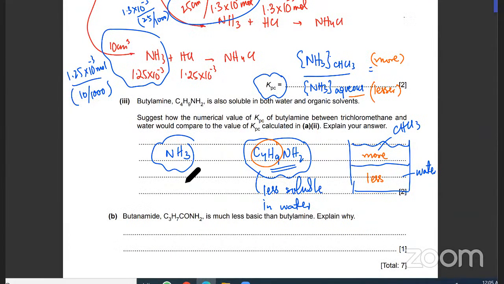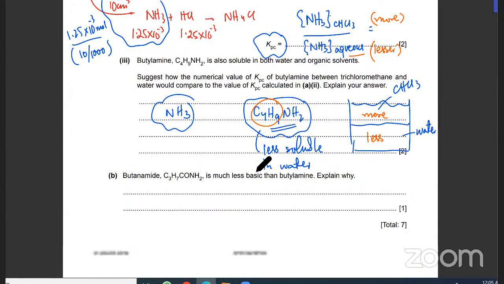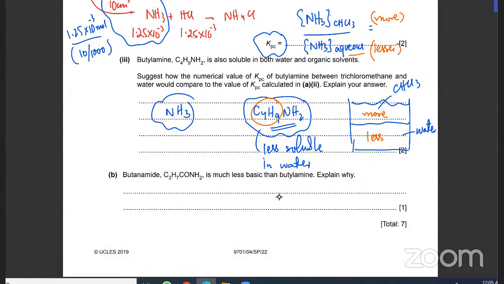Okay, so the next part: butylamine is much less basic than, so that's about, because alkylamines are more basic. Why? They are more basic because of the donating effect. It's a 1 mark question. When it's a 1 mark question, you either explain why this is more basic or why this is less basic.